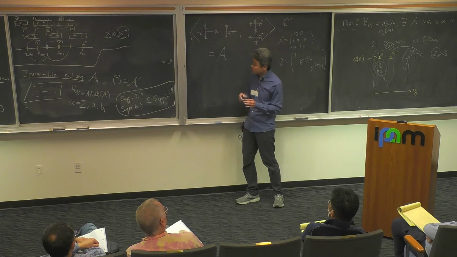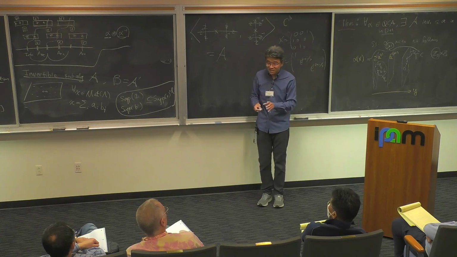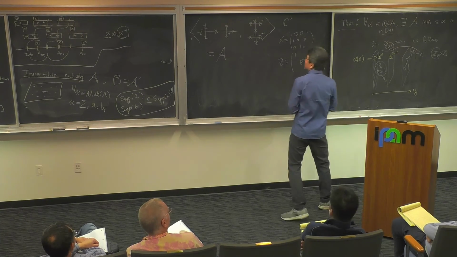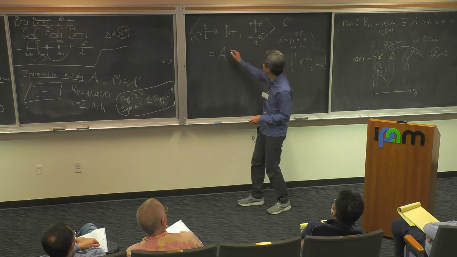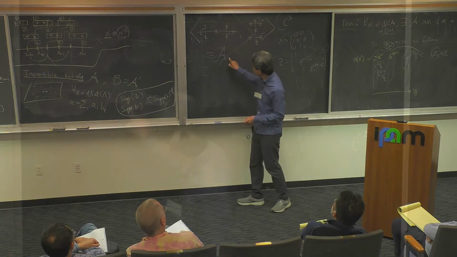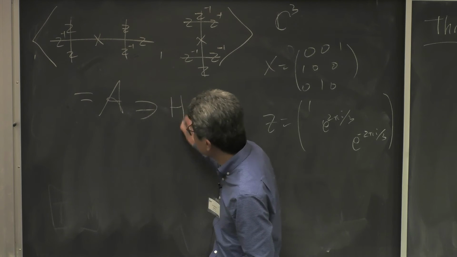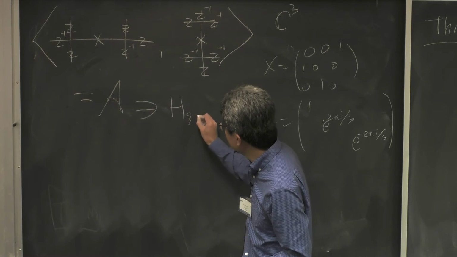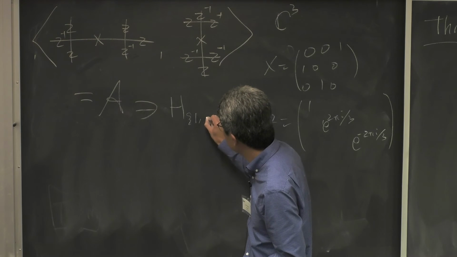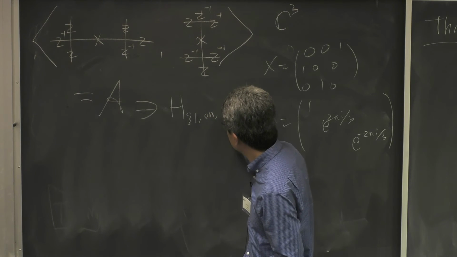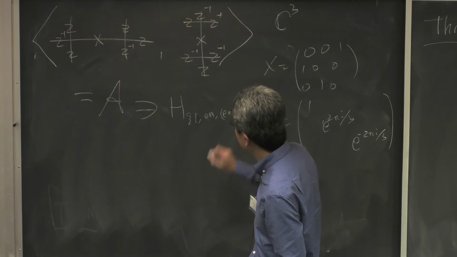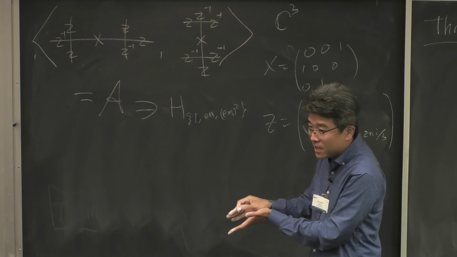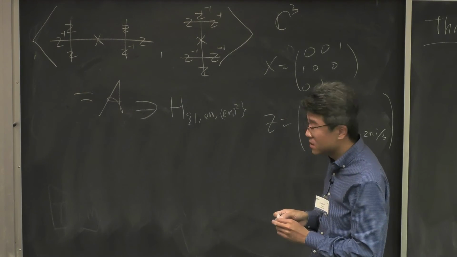Good question, I skipped that part. Right, in this algebra, you find the Hamiltonian. And that Hamiltonian realizes one slice of my Z3 toric code.